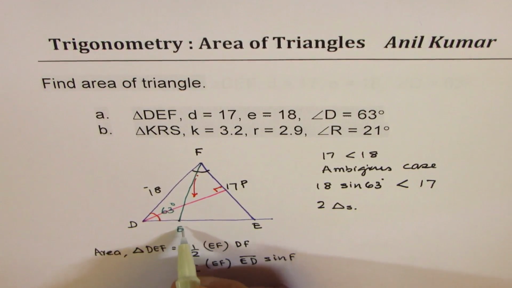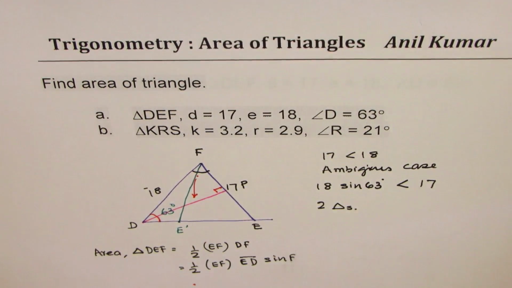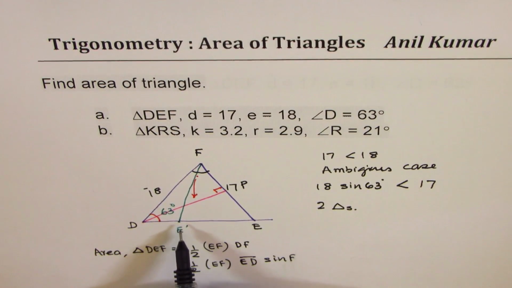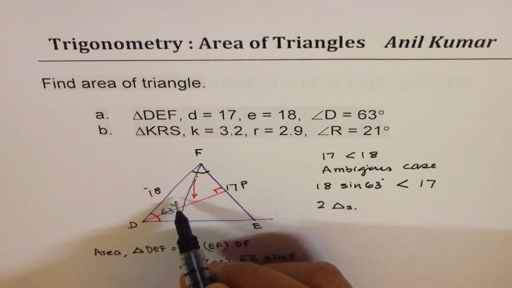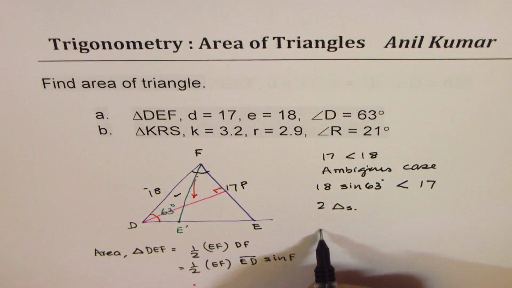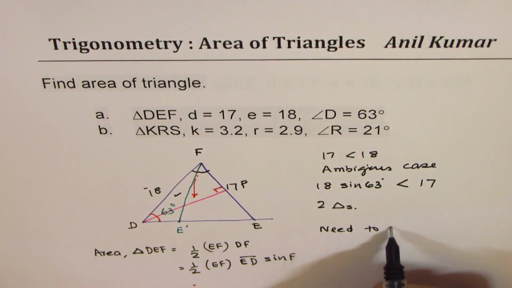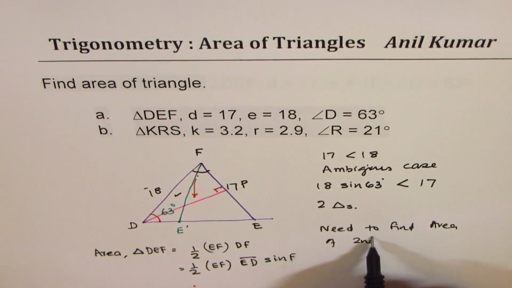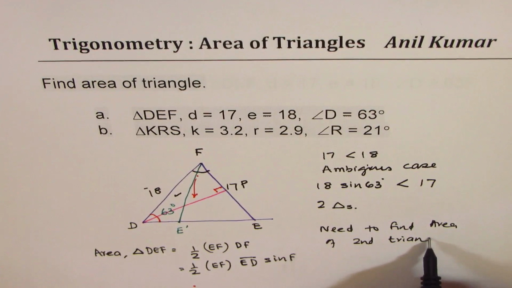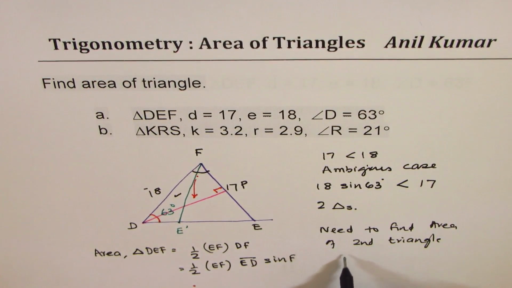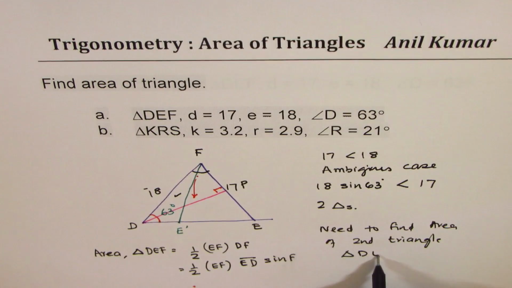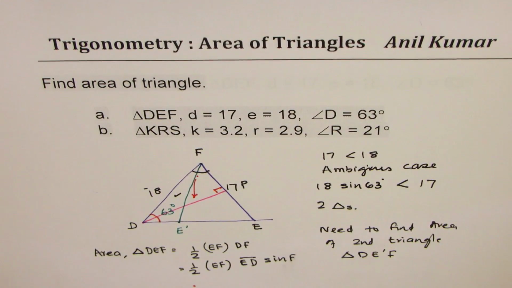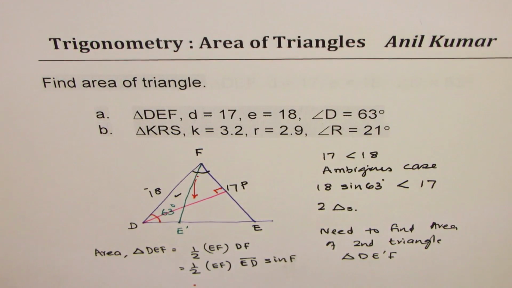Let me call this E dash. In that case, we have to also find the area of the second triangle, because there are two possible triangles, that is triangle DE dash F. Do you get the idea, right? So that is the strategy which is going to be applied while solving these questions, correct? So let's take them one by one.